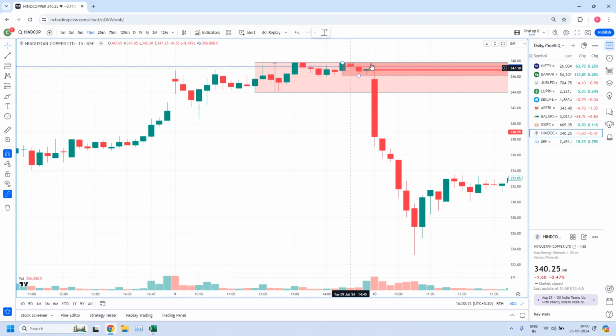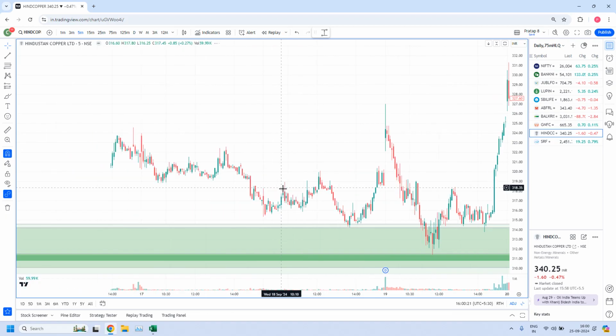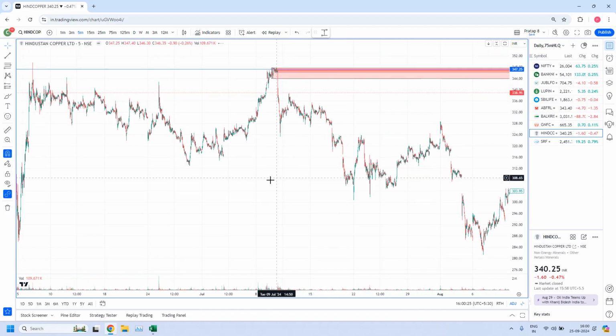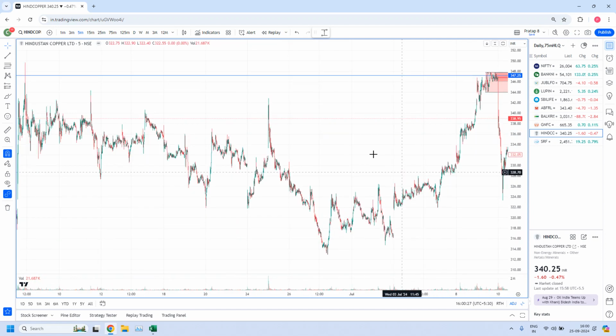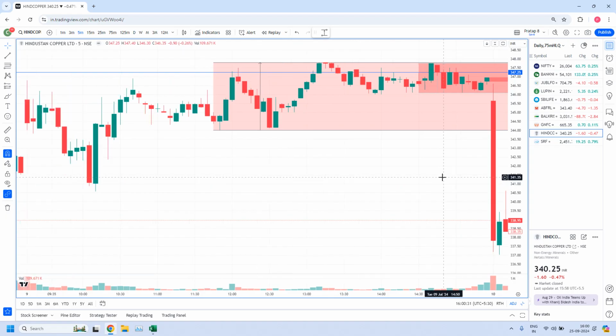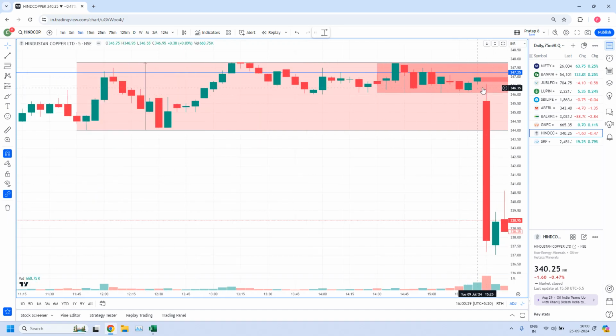Again within this 15 minutes fine tuned zone, I identified a fresh fine tuned 5 minute zone. See here we have a rally, a base candle and then a drop candle. Rally, base, drop. And here we have the institutional order flow.